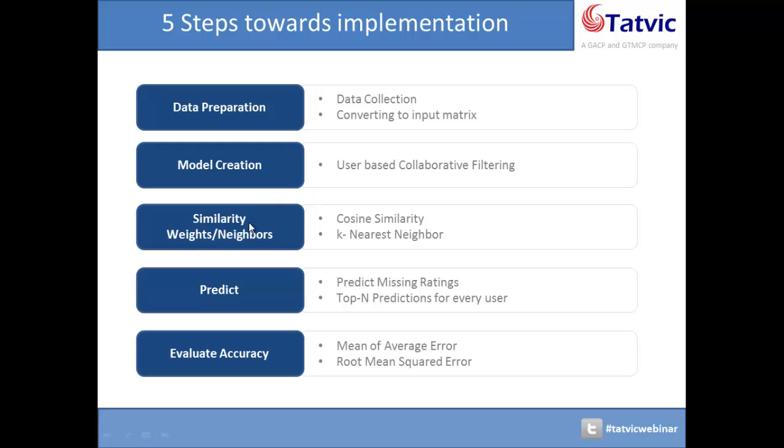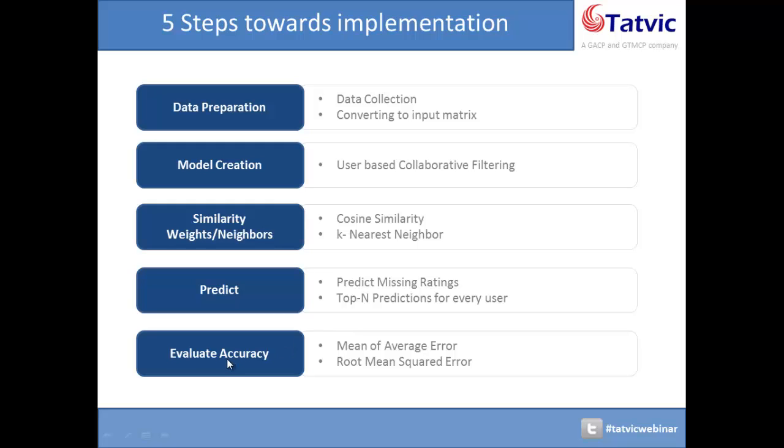Then similarity calculation, where we will find the similar users using a similarity metric, in which I will use the cosine similarity metric, and find the nearest neighbors of a given customer using k nearest neighbors. Then we try to predict the missing ratings for the items for which the user has no preference yet, and then recommend the top n products to a given customer or every user.